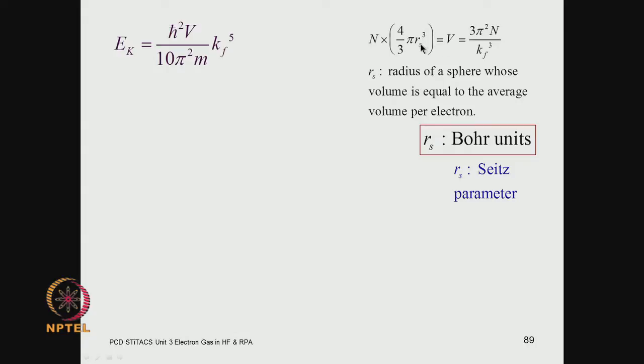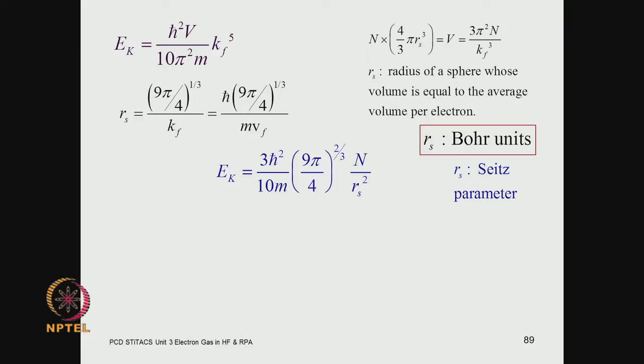So, Rs to the power 3 is proportional to the inverse third power of Kf. So, Rs goes as 1 over Kf, as a result of which Kf of course is mass times velocity in units of h cross. So, when you take care of that and put the value of Kf in terms of Rs, then you get an expression for energy which goes as 1 over Rs square.